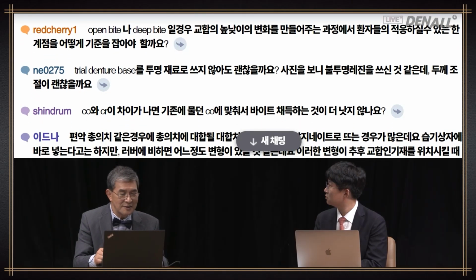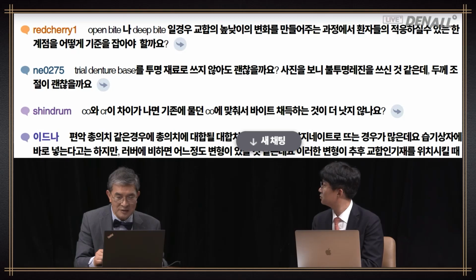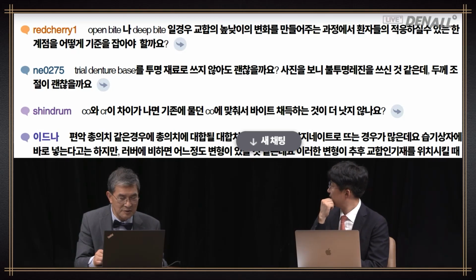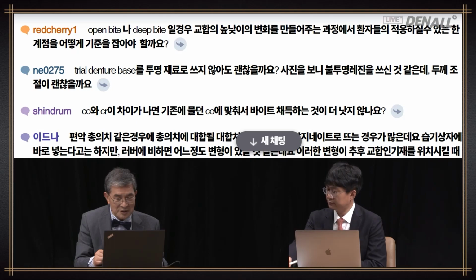Next, the red cherry one. For open or deep bite, in the process of increasing or decreasing the occlusal height, what is the limit a patient can adjust to?